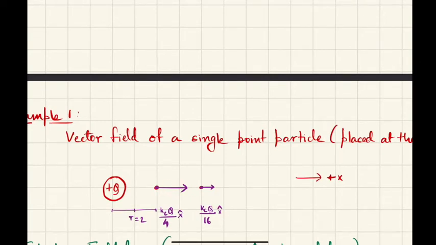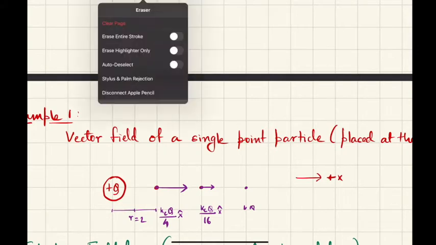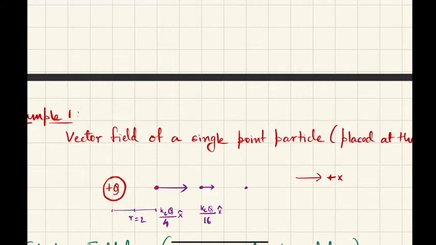Similarly, I can carry on. Let's say I looked at this point here, this is now 6 away, so this is going to be Kc q over 36, and so this is going to be an even smaller arrow, and so on and so forth.